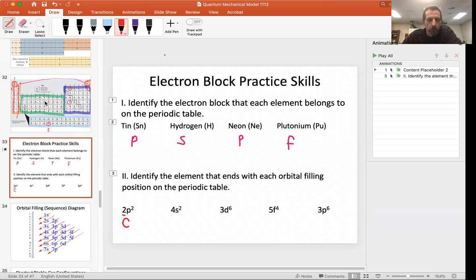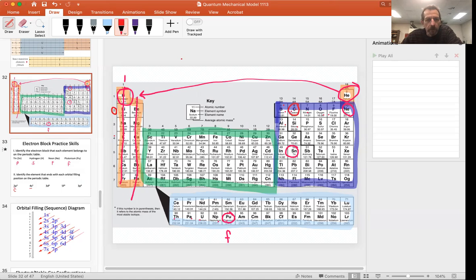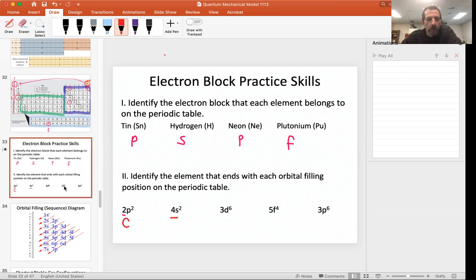Let's do it again for 4s2. Look at the energy level 4, but now in the S position, 2 in the S position. So 1, 2, that's this element right here. It's kind of buried there. It's calcium. So calcium would be in the 4s2 position. Let's put the symbol for it, Ca. We're going to skip this 3d and 5f.